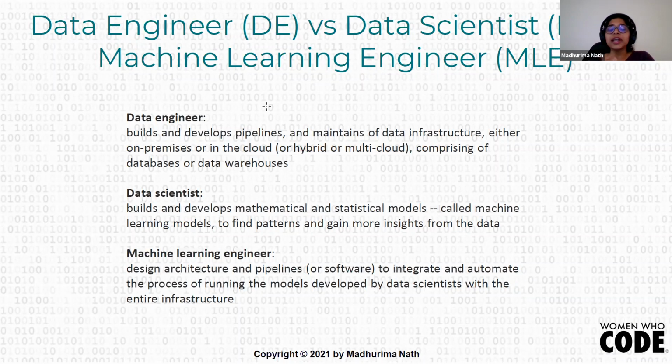Now, what a data scientist does is a little bit different. A data scientist takes all this data that has been unified and tries to gain more insights, find patterns, and do some forecasting to understand what the data is saying.